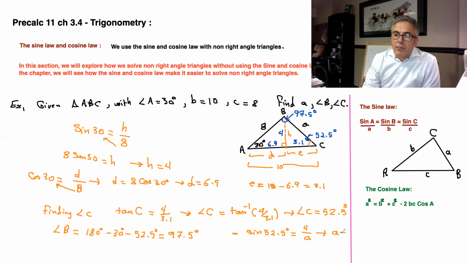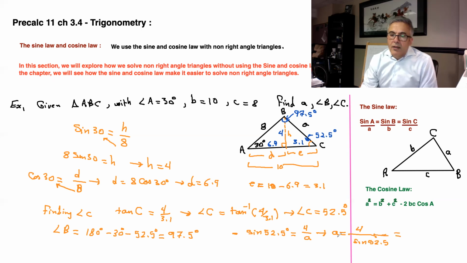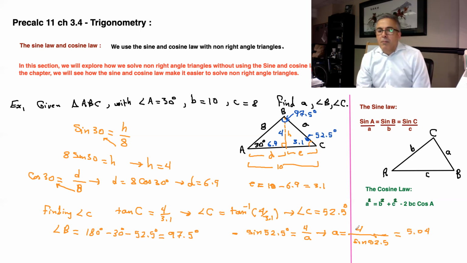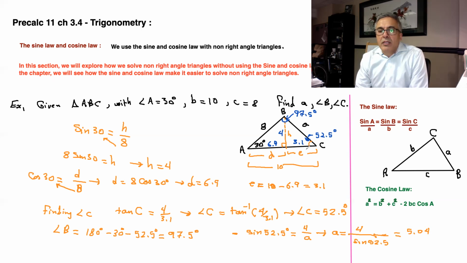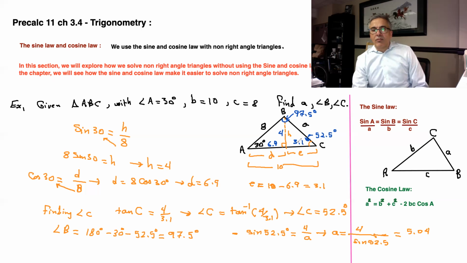So A would equal 4 over sine 52.5, which gives me, if I go into my calculator, plug that in, it will give me A equals 5.04. That's the length of A. Also, I could use Pythagoras as well. 3.1 squared plus 4 squared will give me A squared, and I could have solved it that way.